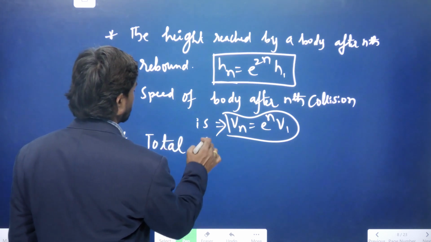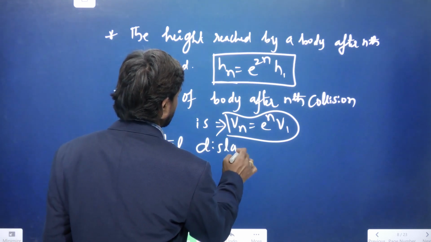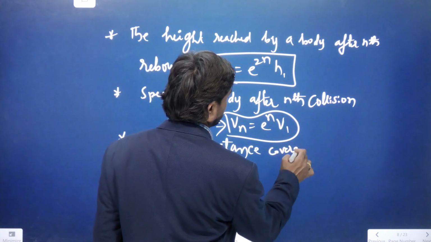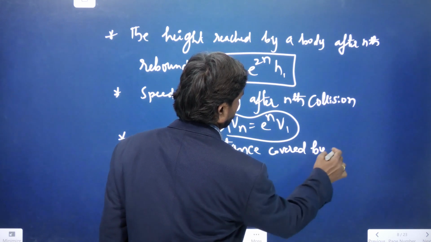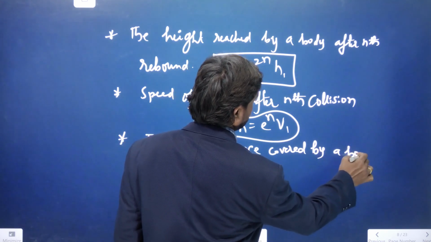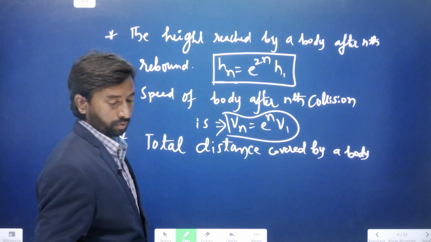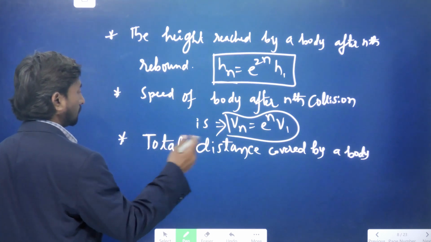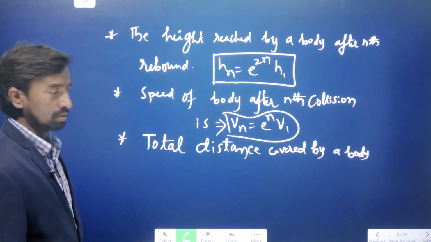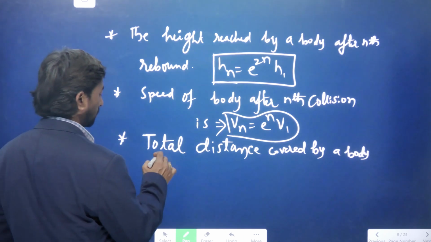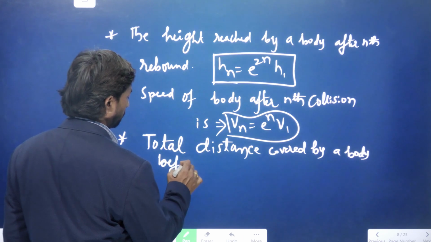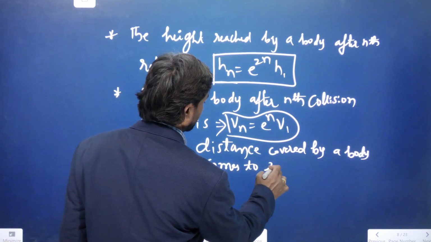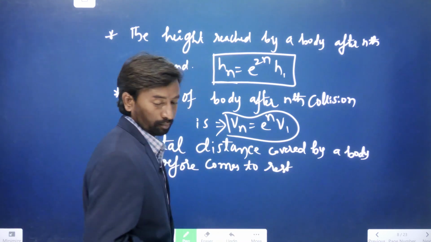Total distance covered by a body before coming to rest, after taking n number of collisions, then it will come to rest. So that is given by here.